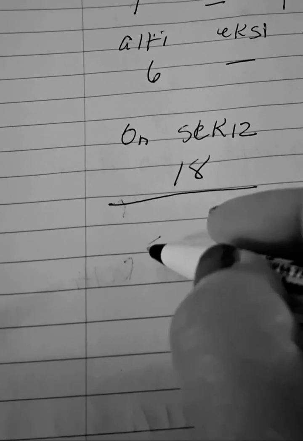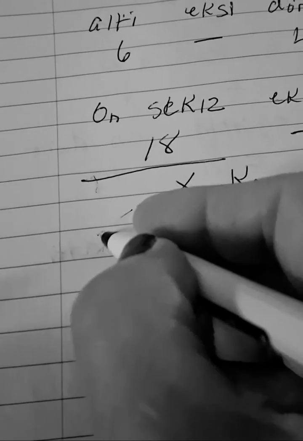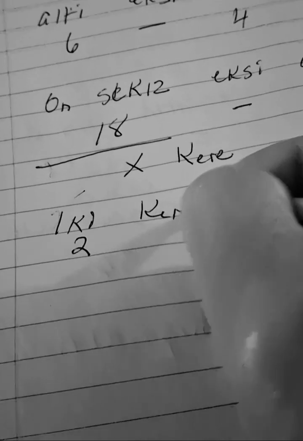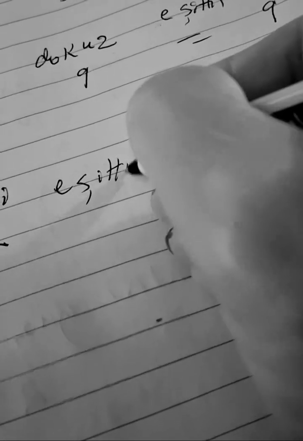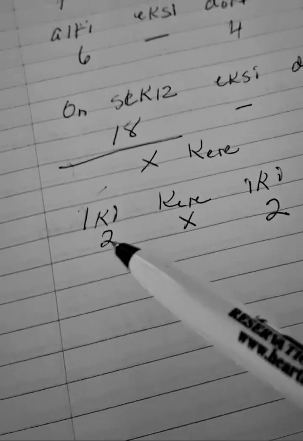Now we're going to go to multiplication. So to say multiply is kere. All right. So 2 kere 2, times 2, eşittir equals 4. So 2 times 2 equals 4. İki kere iki eşittir dört.